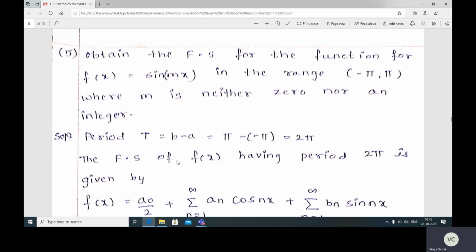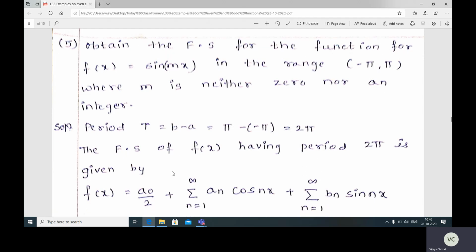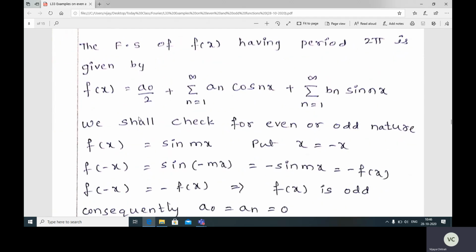So the Fourier series of f(x) having period 2 pi is given by f of x is equal to a naught by 2 plus summation n is equal to 1 to infinity a n cos nx plus summation n is equal to 1 to infinity b n sin nx, right?